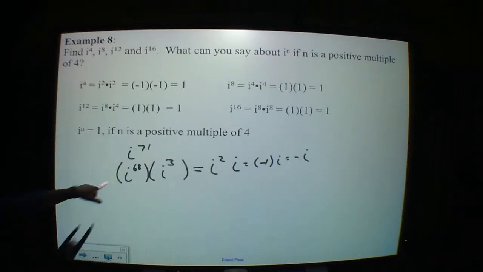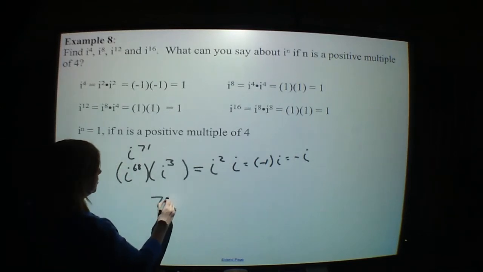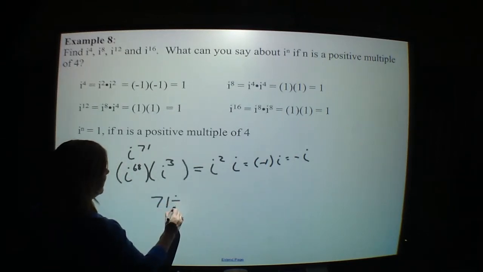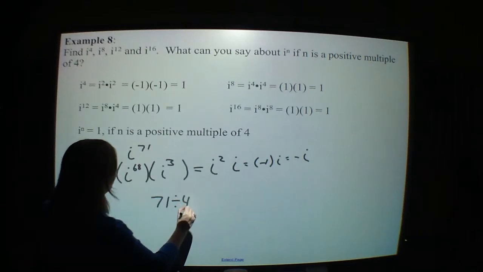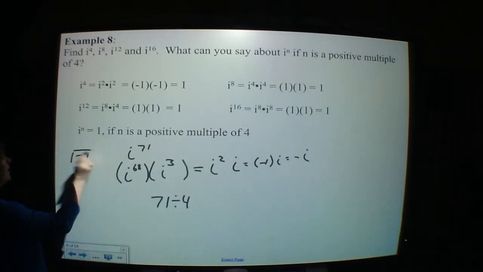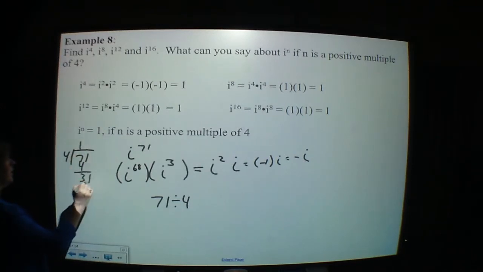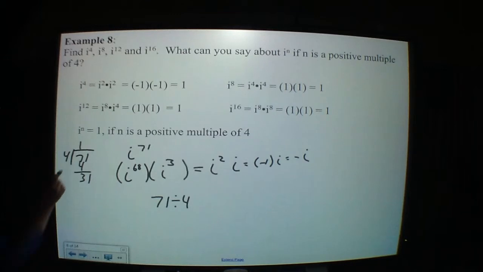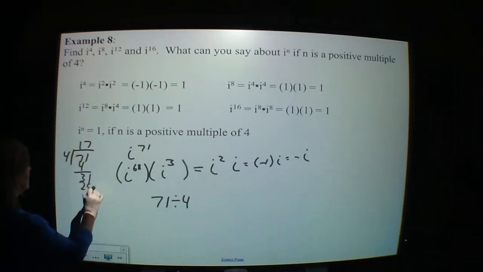Okay? Another way, if you couldn't get that 68 and think of it, here's what you could do. You could do 71 divided by 4. So let's do long division there. 71 divided by 4 gives you 1, 7, 4 times 1 is 4, subtract, 3, bring down the 1, 31, 4 times 7 is 28.